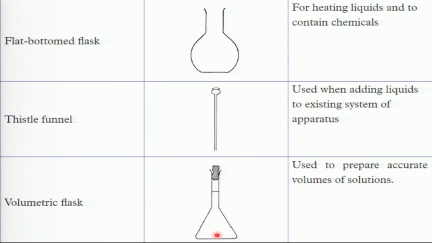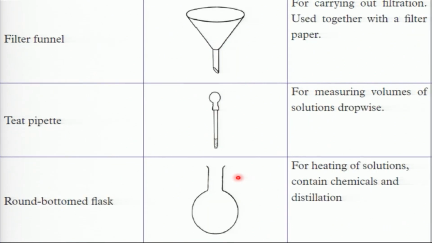So the volumetric flask, normally we use it during titration to do what? To measure accurately the volumes of solutions. All right? So you need to be very careful with these apparatus because they look the same, but they play different roles.